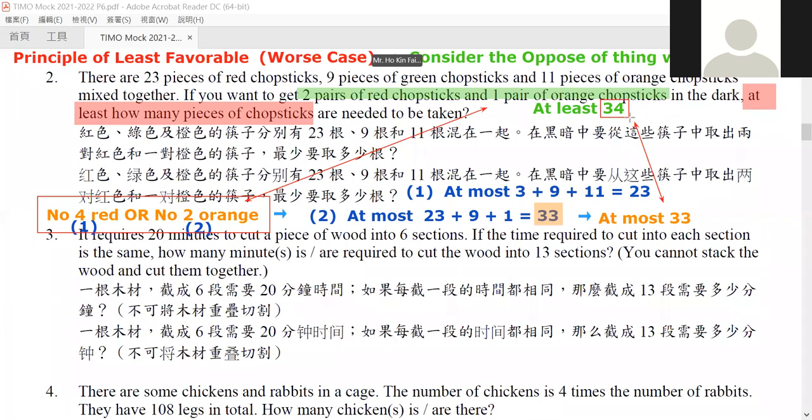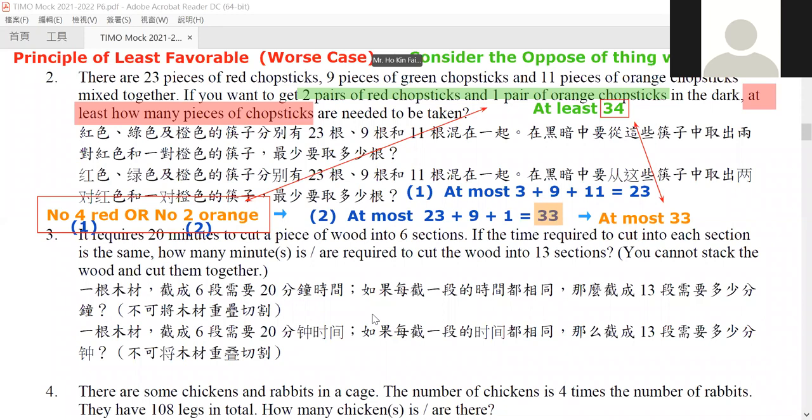Now again, let me repeat it one more time. The principle of least favorable, or the worst case scenario, is to consider the opposite of the things that we want.